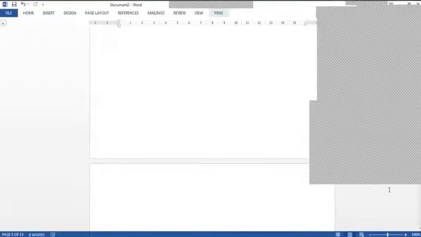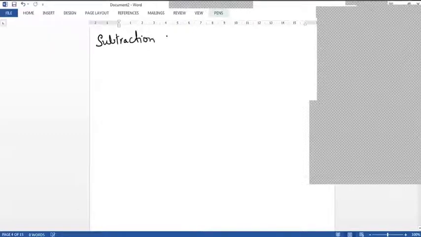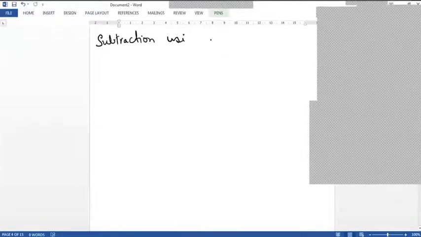First, I'll write the procedure and then we will understand it through an example. First, we are going to study subtraction using r's complement.